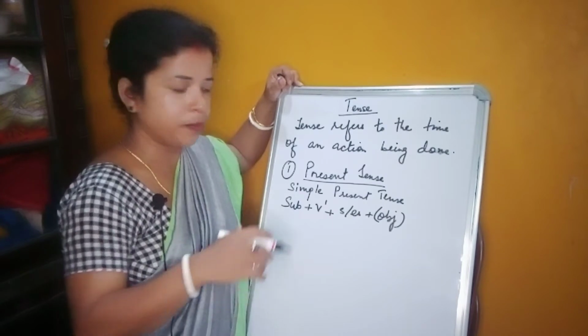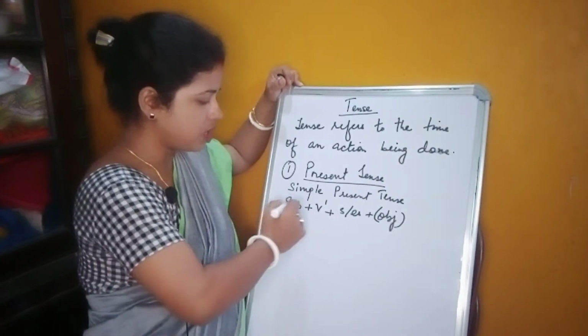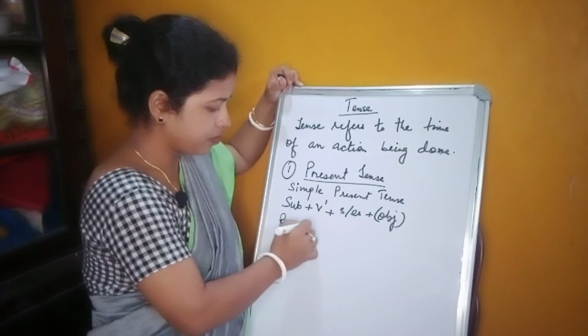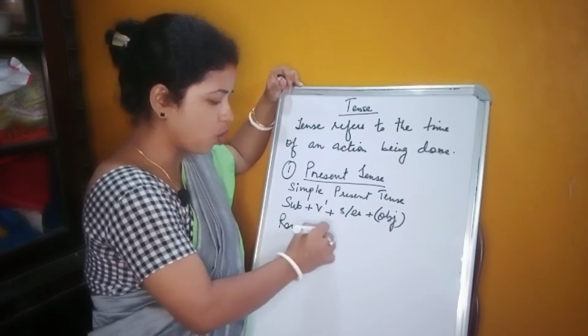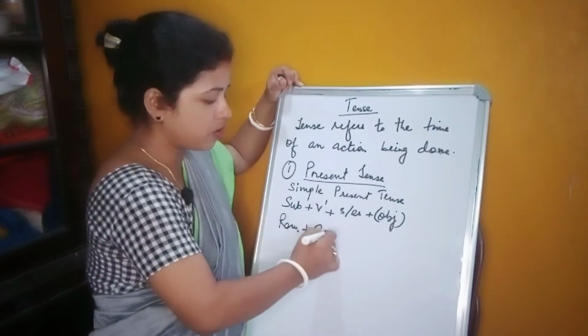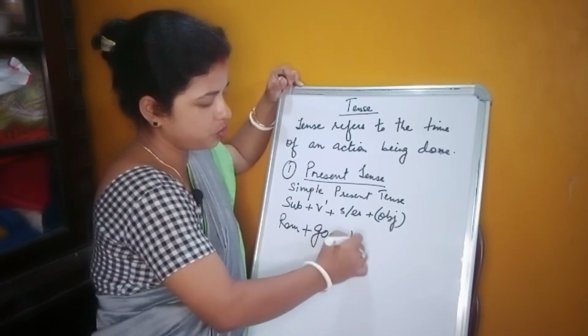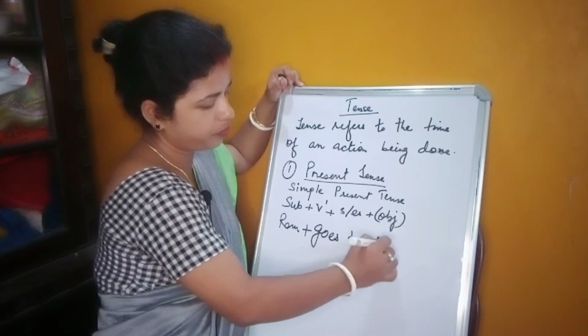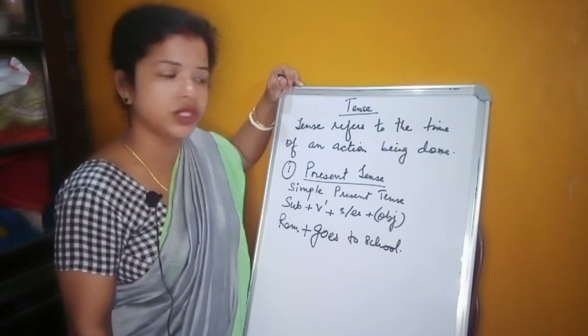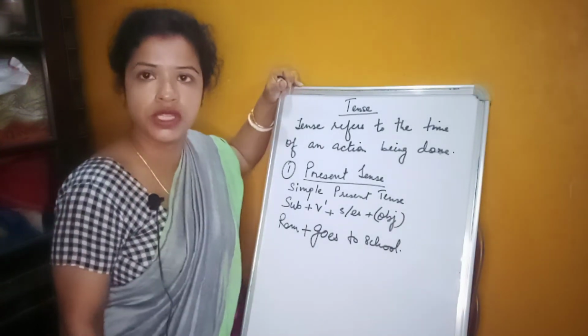Clear? So according to the structure, subject Ram, then verb 1, go. With the third person we have to make the verb singular as well: Ram goes to school. It is not necessary that every sentence will have an object. A sentence can have a complement too.